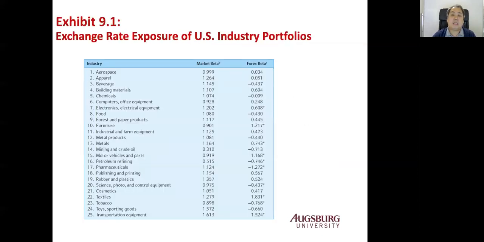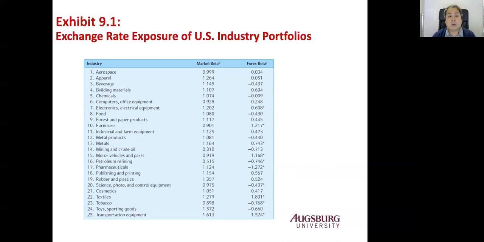The exhibit shows the market beta and the forex beta for each industry. They calculate the market beta as the sensitivity to the change in the market, versus the forex beta, which is the sensitivity to the change in foreign exchange.